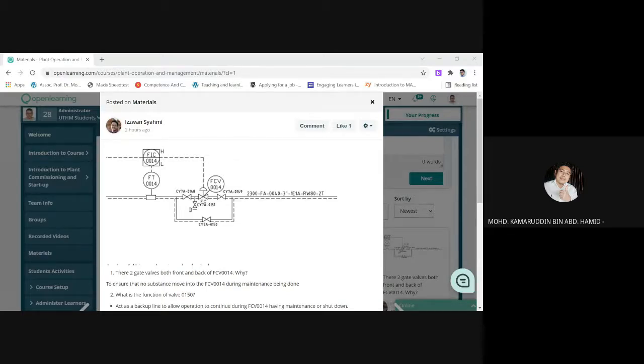The reason also why you need to have these two control valves is caused by the bypass also. How do you want to activate the bypass?